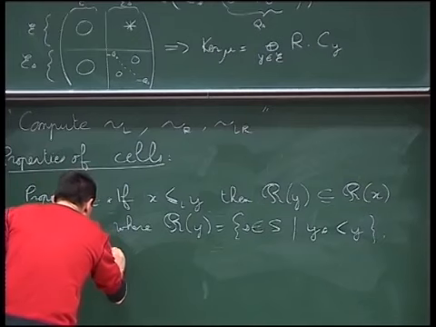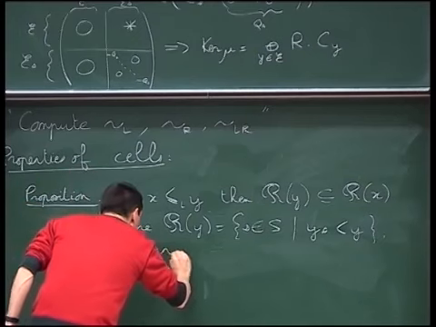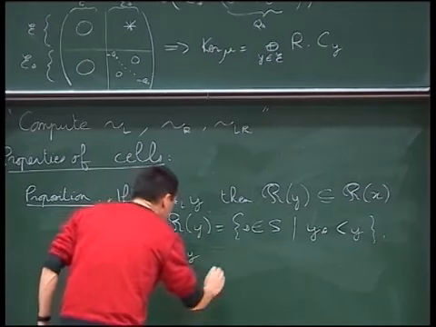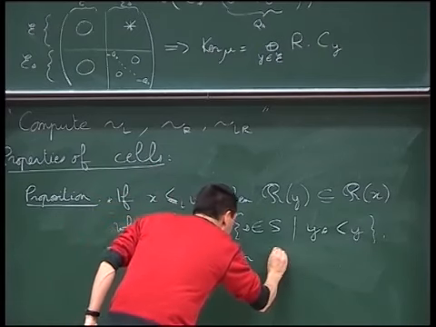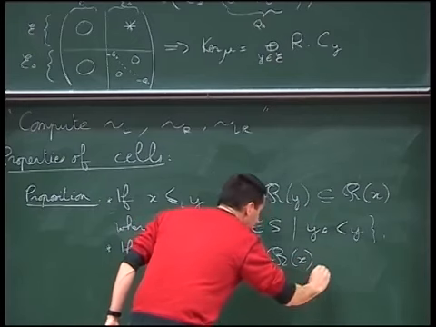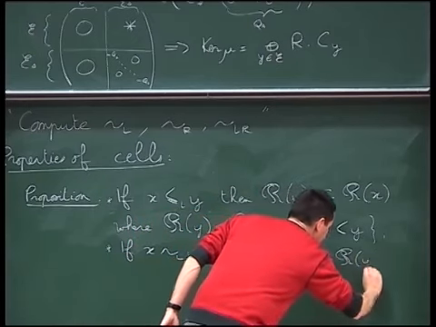And in particular, if x is left equivalent to y, then they have the same right descent set.